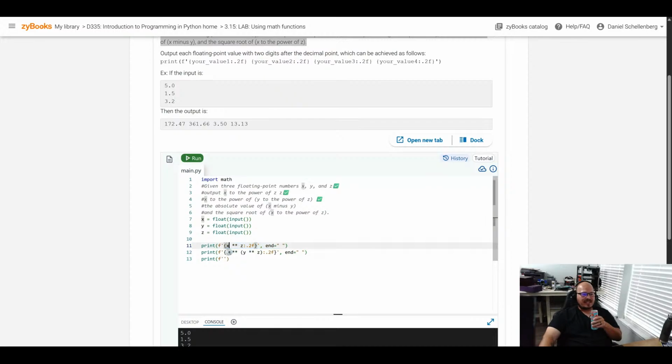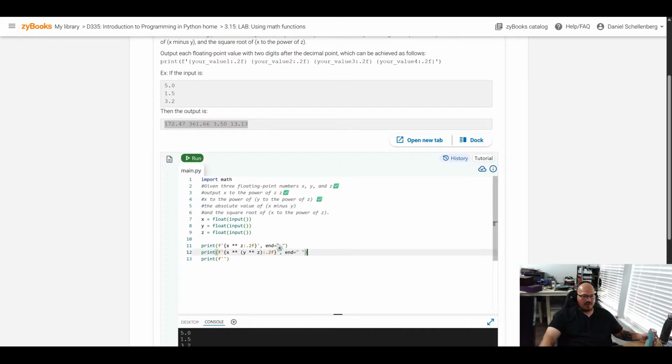So I did x to the power of z. I want 2 digits after the decimal, and I'm going to keep each printout that comes after these printouts on the same line like it shows here. That's what these end equals quotes mean.